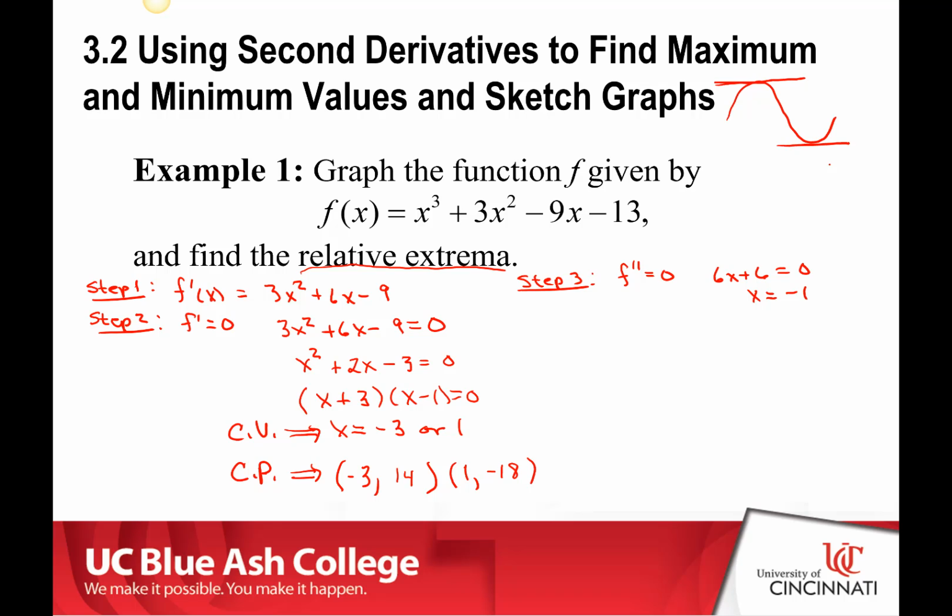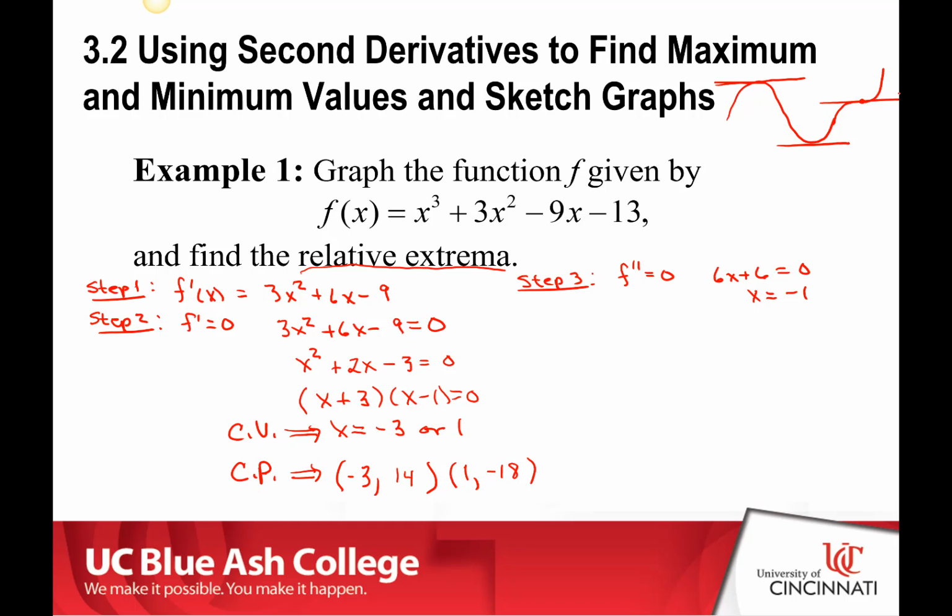It can be 0 down here. Or your graph can do some funky thing like this, where it's an inflection point and it can be 0 there. Does that make sense to everybody? So the first derivative equal to 0 can turn up max points, min points, or inflection points.